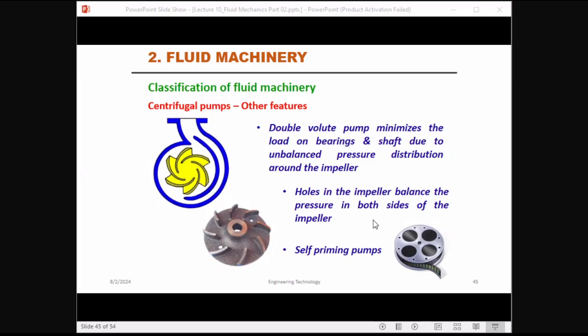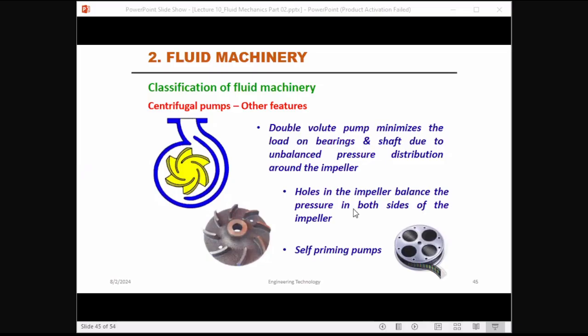The pump is very easy to use, and there is no need to manually fill fluid inside the pump before starting it.